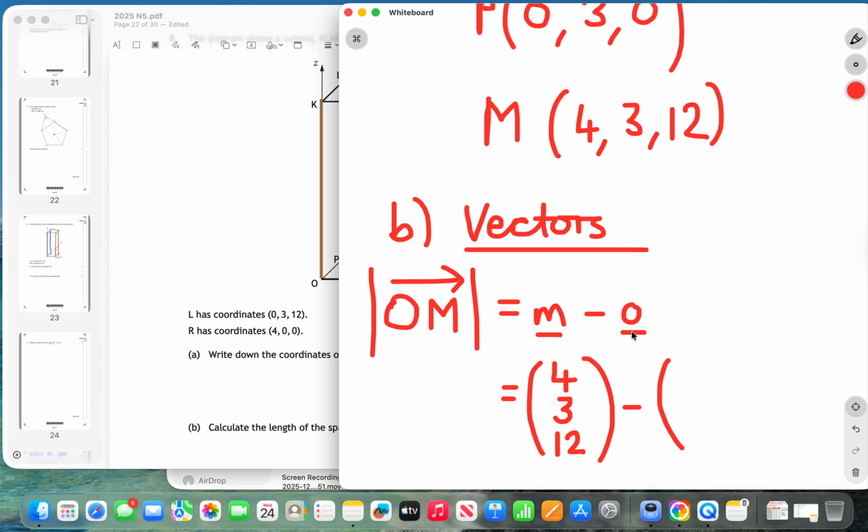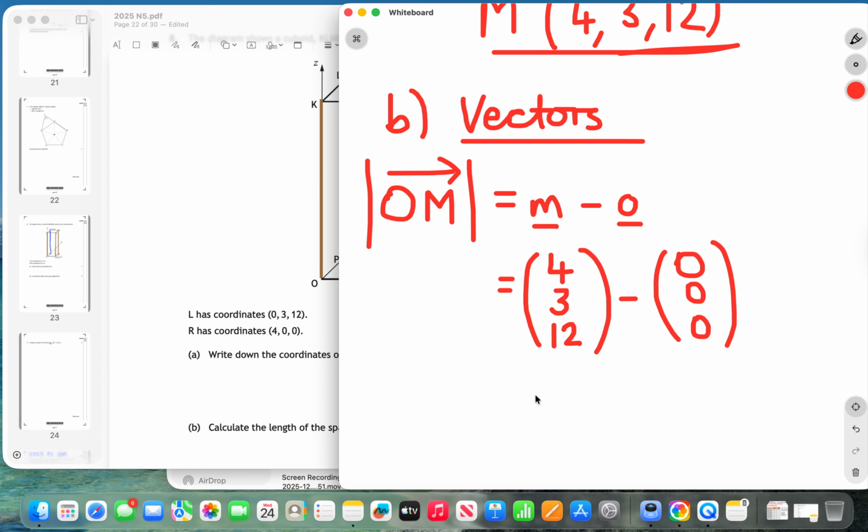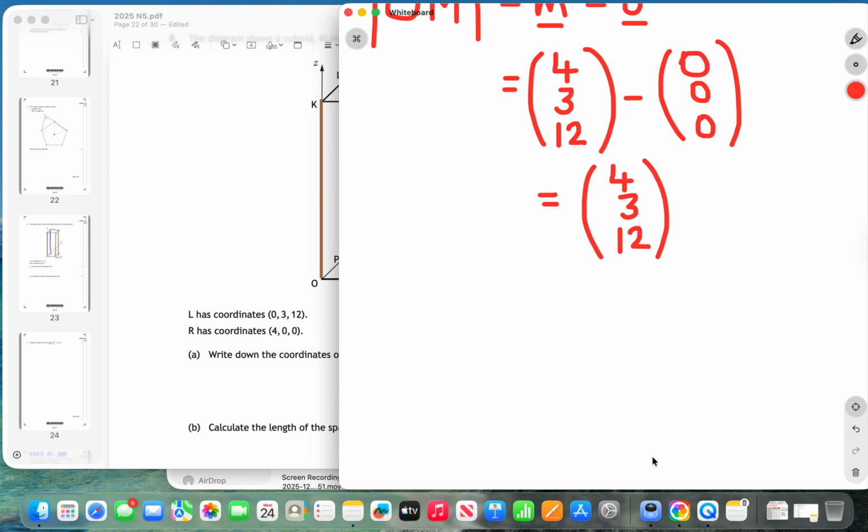And that's the origin, so that's (0, 0, 0). You just write each point in a column instead of a row. We write it in a column, and that gives us 4, 3, and 12. So we have an x, a y, and a z component.